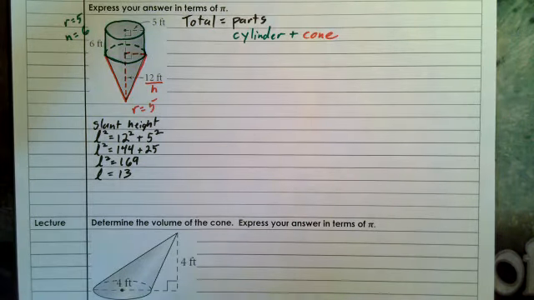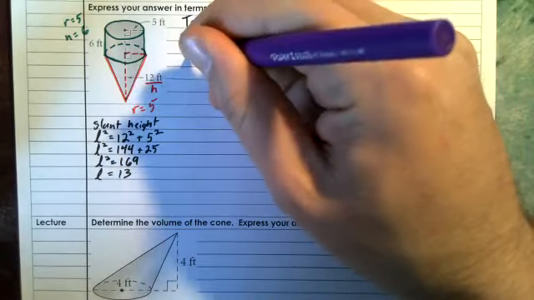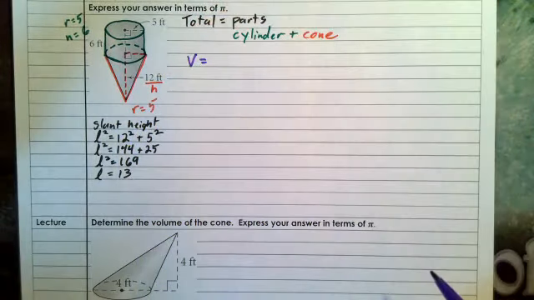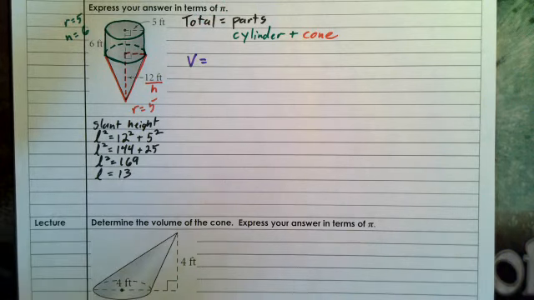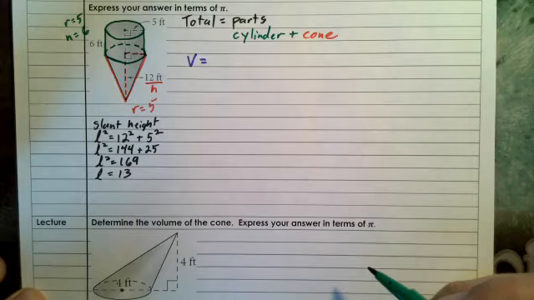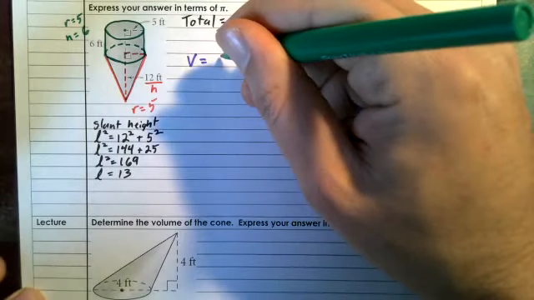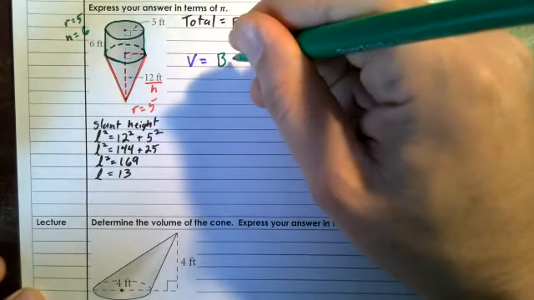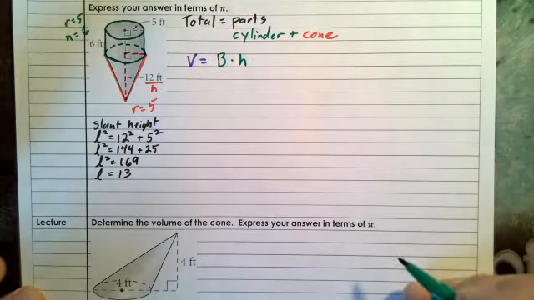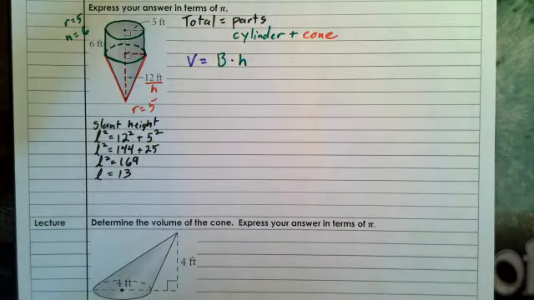So that's great. As always, I like to just get the volume out of the way because the volume is the easy part when you're doing these composite figures. So our volume is going to be the volume of that cylinder. I know the volume of the cylinder is going to be the area of the base times the height of that cylinder.